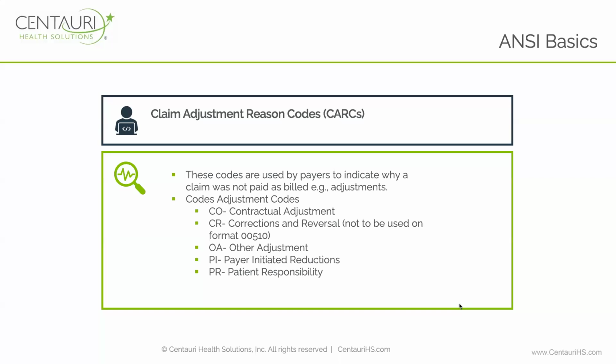So if you have a CR, for those of you who remember back in, what was it, like 2015, we converted from a 4010 to a 5010 on the 837 format. If you didn't understand what I just said, you are living a better life. But if you understood that, you remember back to that. So CR is still out there, but it's not in the current mandated transaction set. OA is other adjustment, PI payer initiated reductions, and then PR patient responsibility.